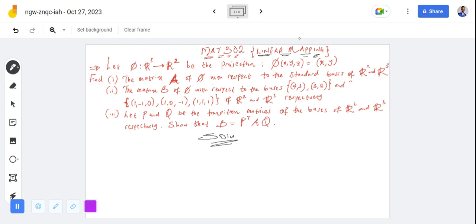Looking at this clearly, if I want to find matrix A, it's very direct. This is the linear mapping defined by x comma y.